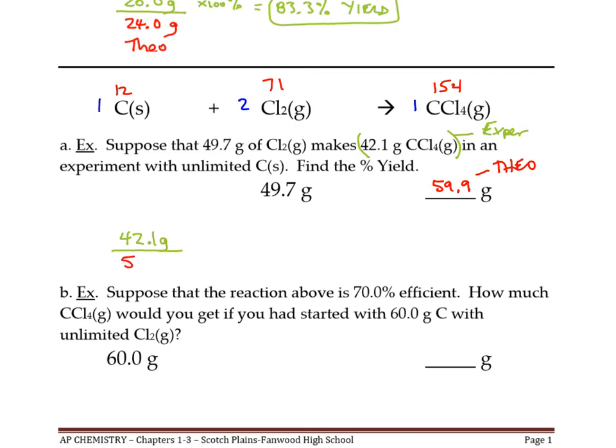I'm sorry, I wrote that wrong before. My mistake. Let's see if I can erase that. Sometimes it doesn't let me do that. It's not going to let me do that, so I'll just write over it. It's 53.9, then you're going to do times 100. And that's going to give you a 78.1% yield.